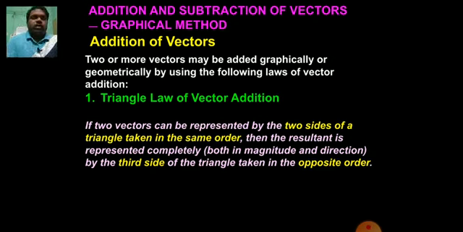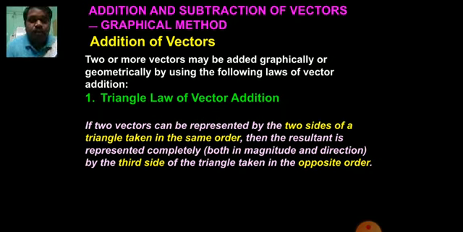What is the meaning of triangle law of vector addition? Suppose two vectors can be represented by two sides of a triangle taken in the same order, means the head of first vector will be connected to the tail of second vector, that is head to tail. This kind of order will be known as same order.